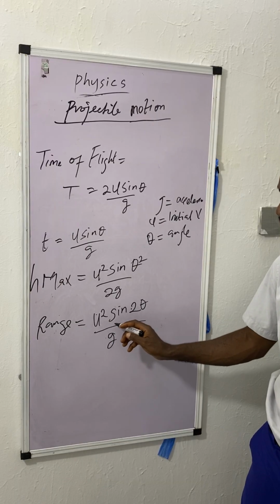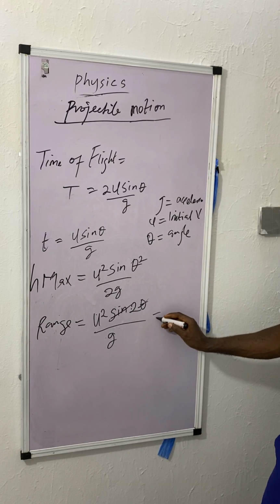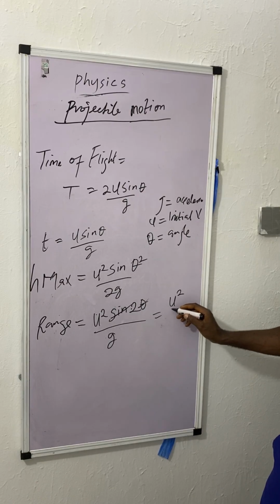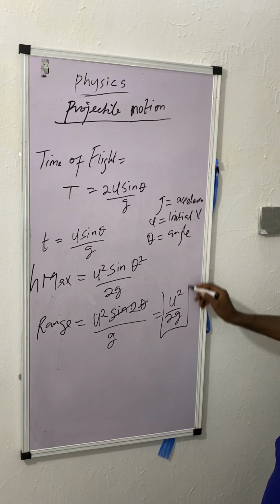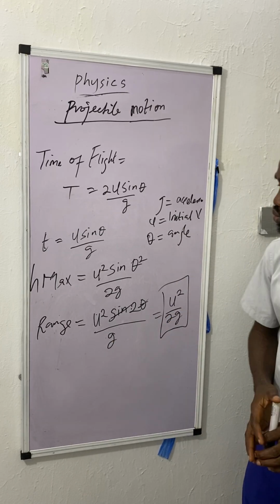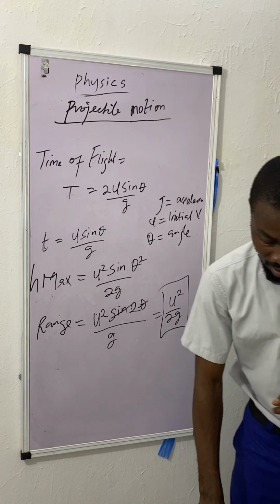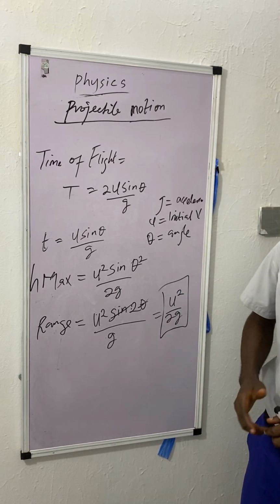So you cancel out the sine and the theta, and we are left with u square over 2g. This is the shorter formula. Range is u square over 2g. Those are the most common formulas for projectile motion.